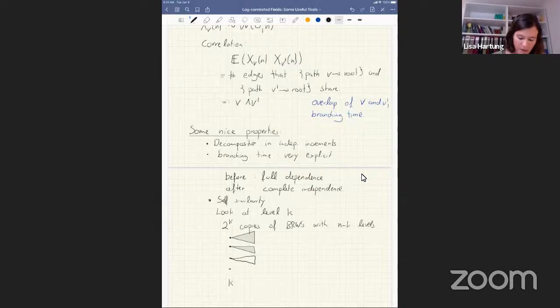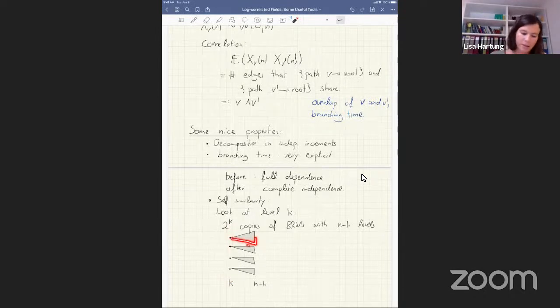And here's level n minus k. So from each leaf that I have at this level k, I can start a new branching random walk.